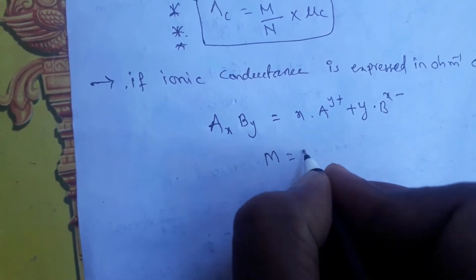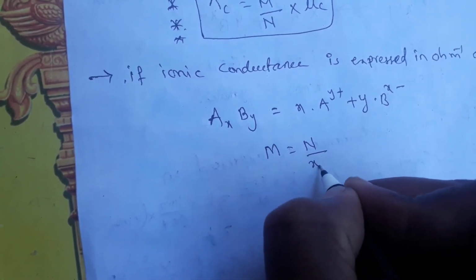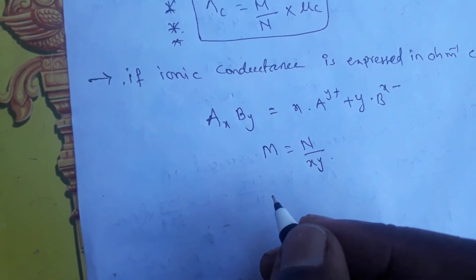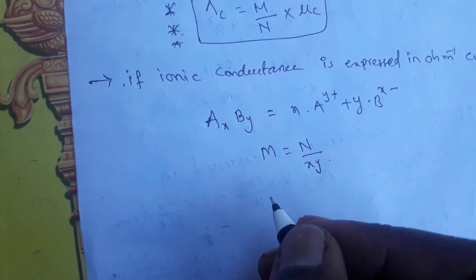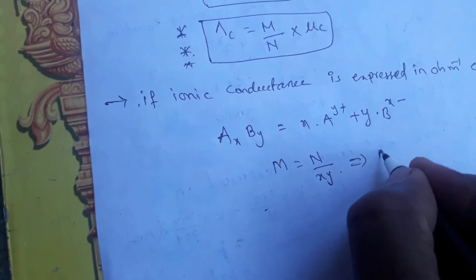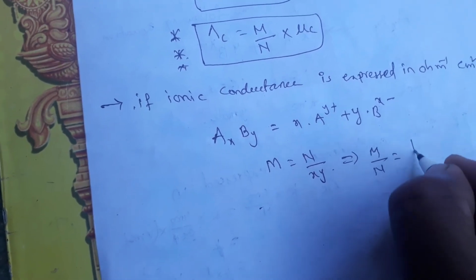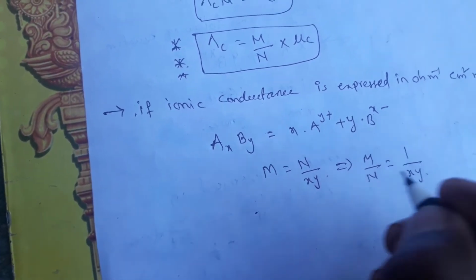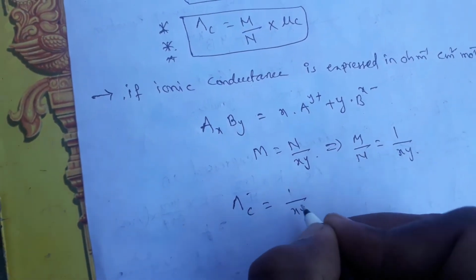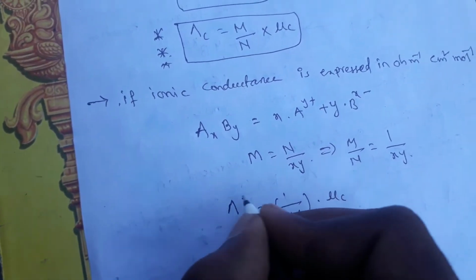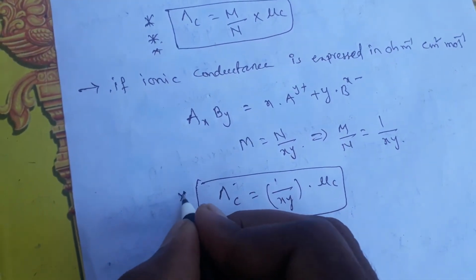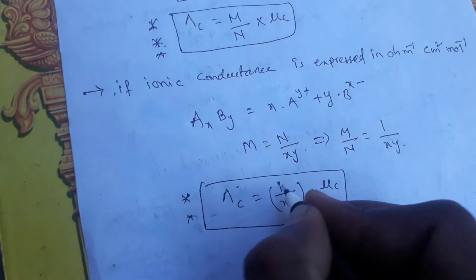So M is equal to N by xy, so M by N is equal to 1 by xy. So from the above equation, lambda c is equal to 1 by xy into mu c. So this is the relation for this one.